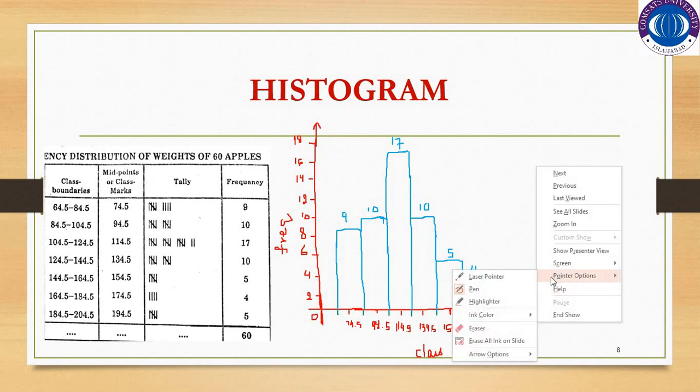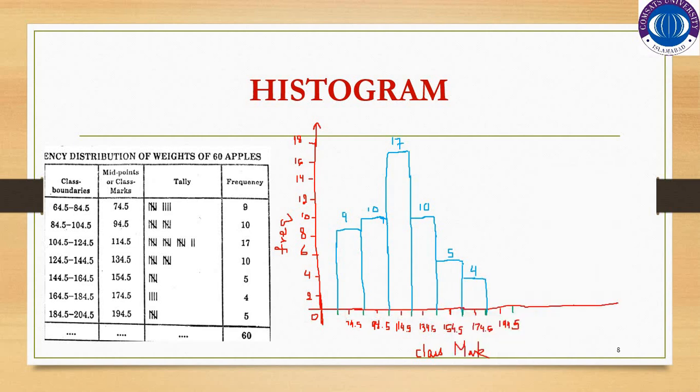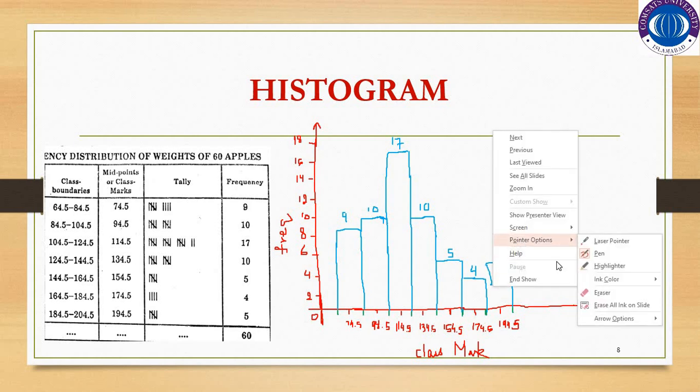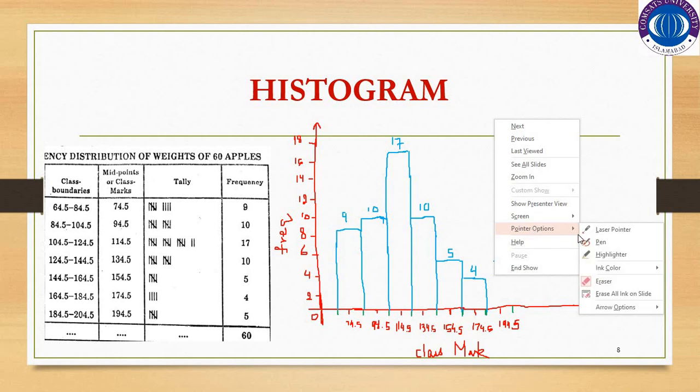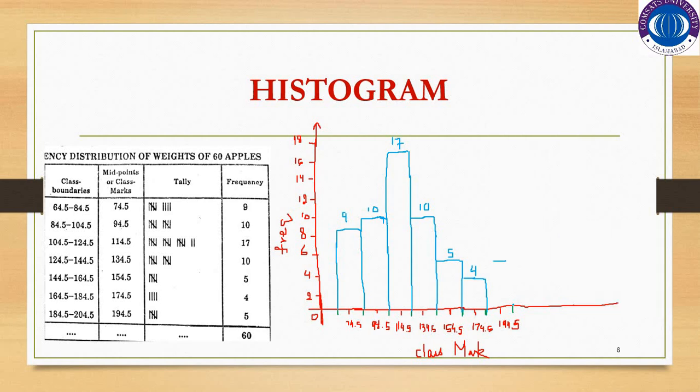The frequency is 5. Again, this is a mirror of this, the height is this, the rectangle representing the height, and the height is representing the frequency, which is again 5.